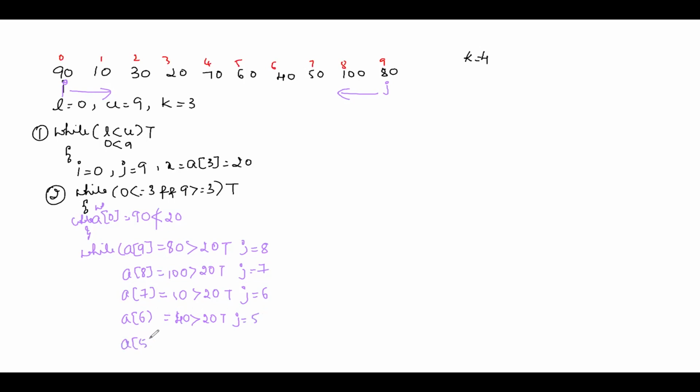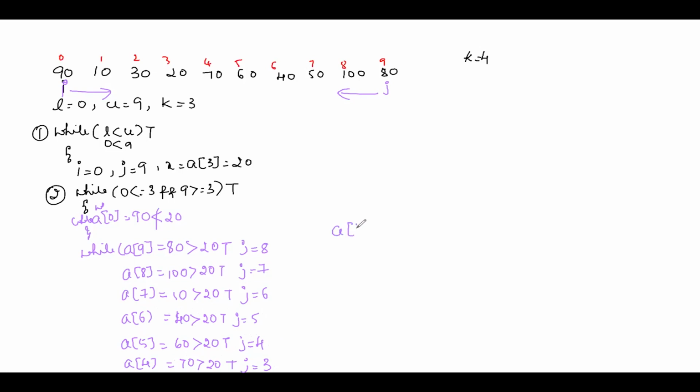Then a of 5 is 60, which is greater than 20, also true. Hence, reduce j to 4. Next, a of 4 is 70, which is greater than 20, true. Hence, reduce j to 3.